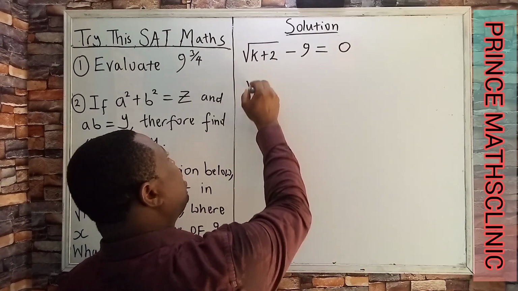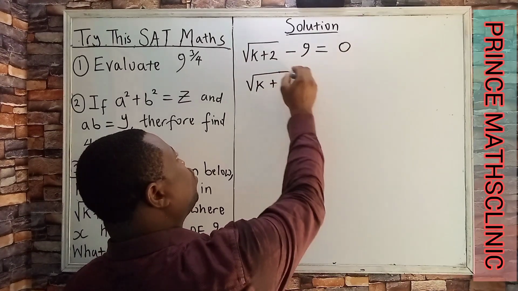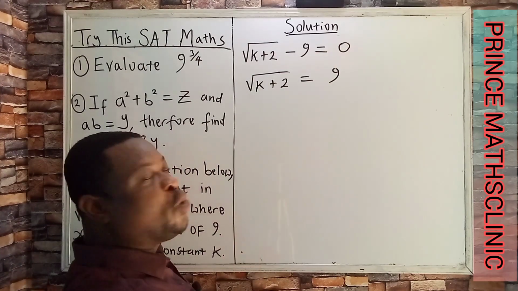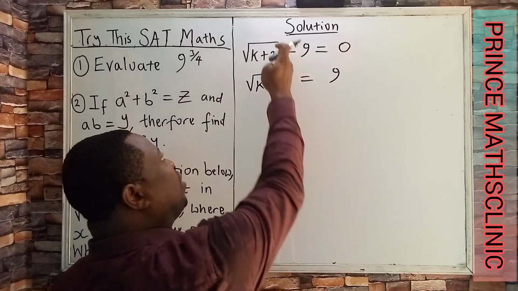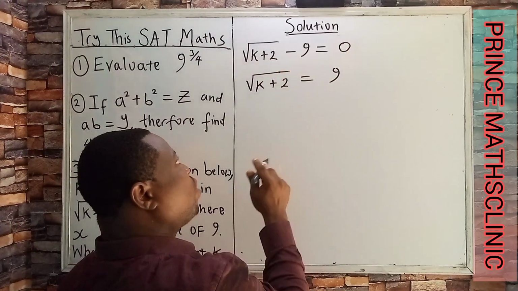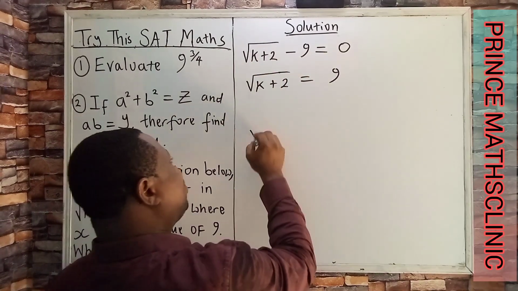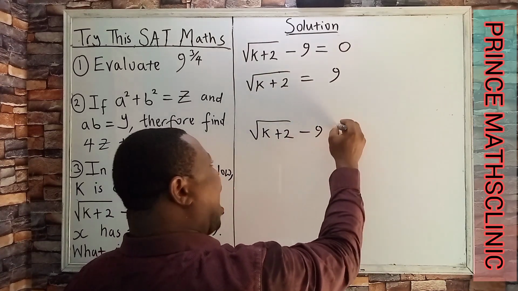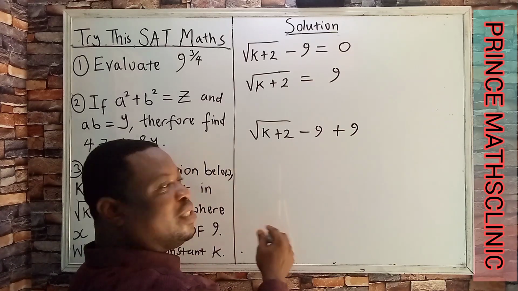So I am going to say my root of k plus 2 is equal to 9. Another way of doing this: since negative 9 is added to this root of k plus 2, the only way to take it out is to add positive 9 to it.